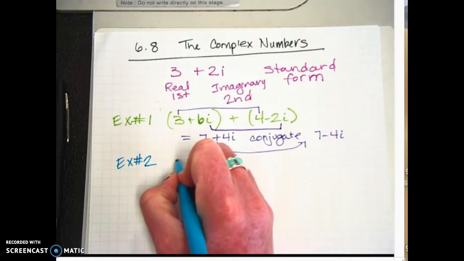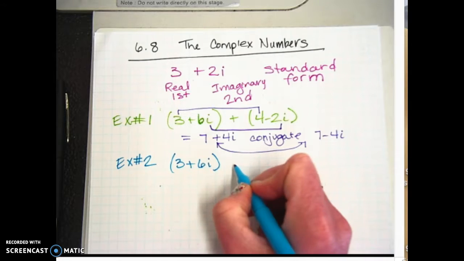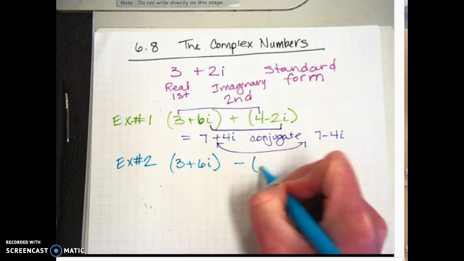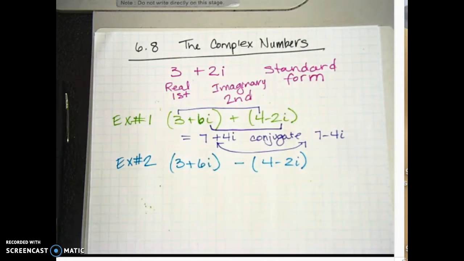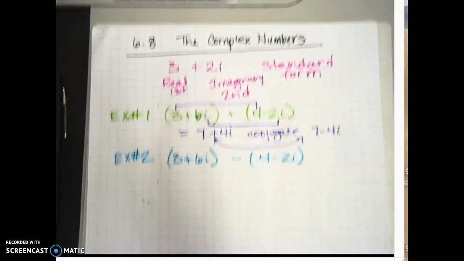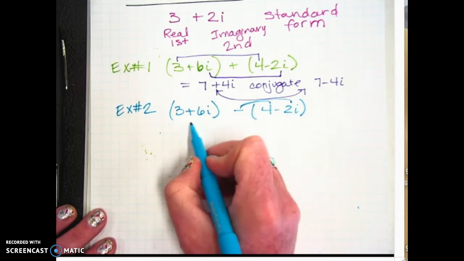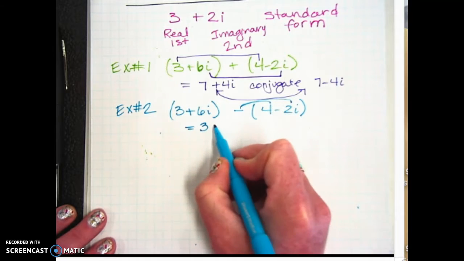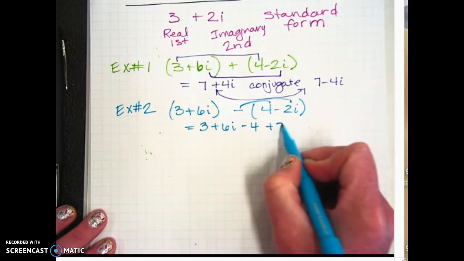Example 2, we're going to subtract. Just the inverse operation of 3 plus 6i. Now we're going to subtract 4 minus 2i. One way to deal with it is just to take the minus and distribute it out here, right? So if we rewrote this, we would say 3 plus 6i minus 4 plus 2i.